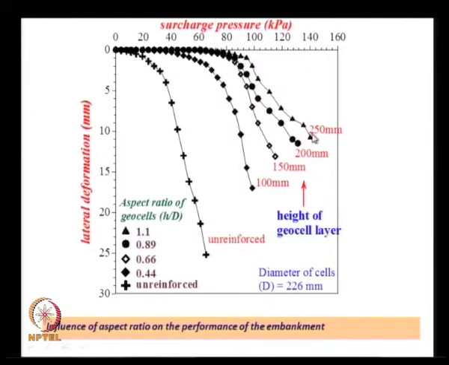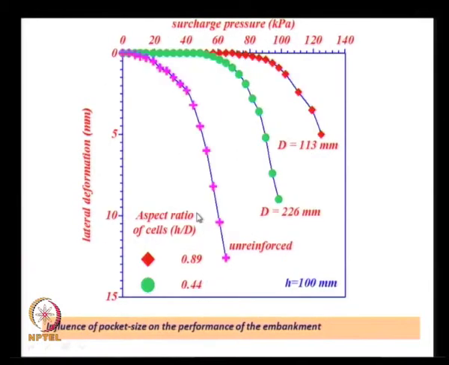When the height is 250 mm, the aspect ratio is about 1.1. It has probably the best performance in terms of the lateral deformations. Then as the aspect ratio decreases, the lateral deformations were found to increase. Of course the unreinforced embankment has the highest lateral deformations.